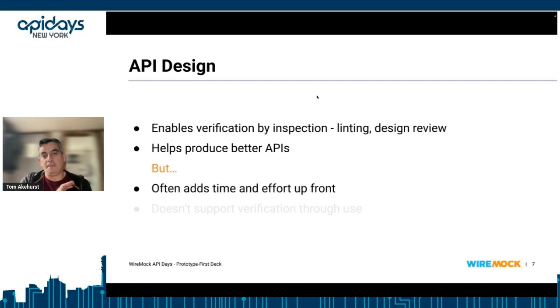But this process tends to add time and effort up front, and like we talked about before, APIs tend to cause this sort of serialization of work anyway. So when you add an extra design phase onto the front of the work that needs to be done to ship something, then this can further push out our lead times.